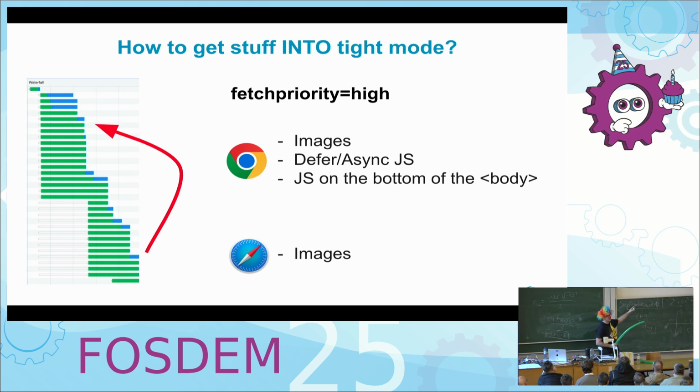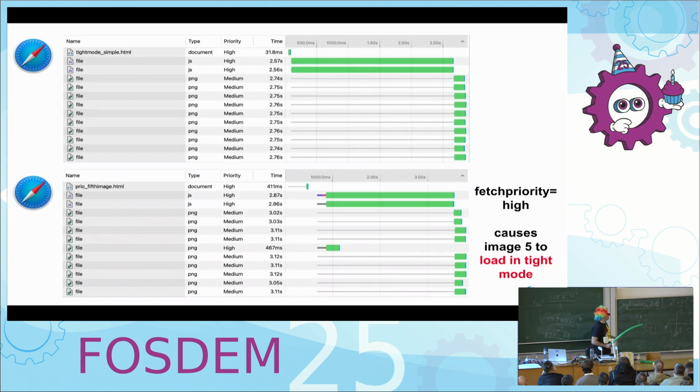In practice, I only found this to work for images. But that is the most important use case anyway, which is trying to put fetch priority high on your LCP image. So your Largest Contentful Paint image, that one image that Google looks at for its metrics. If that is in the second phase, that's obviously going to be slow.